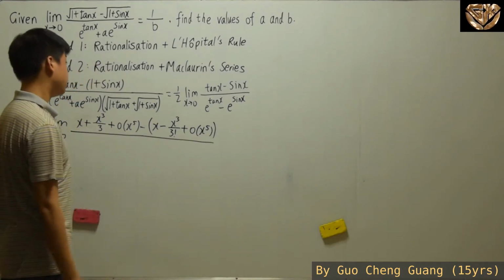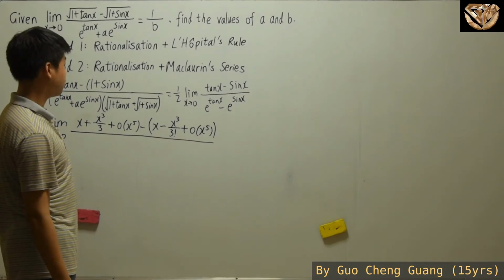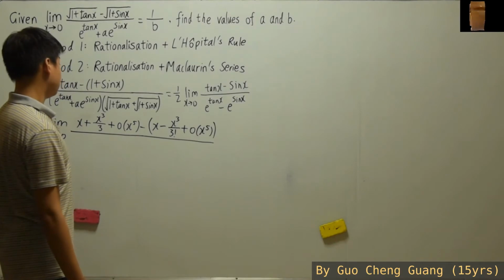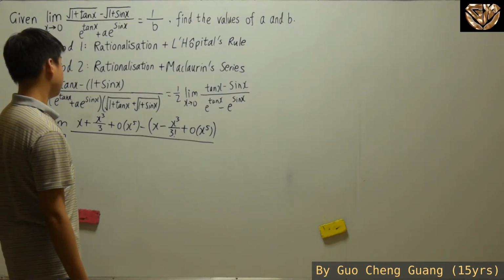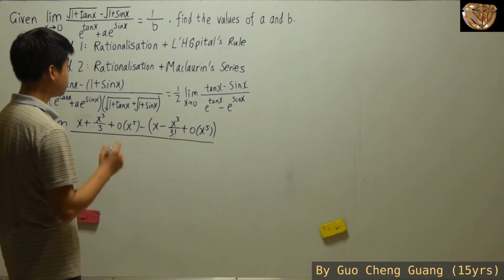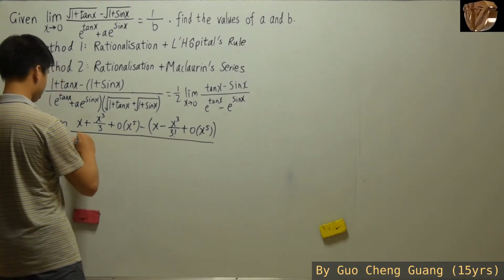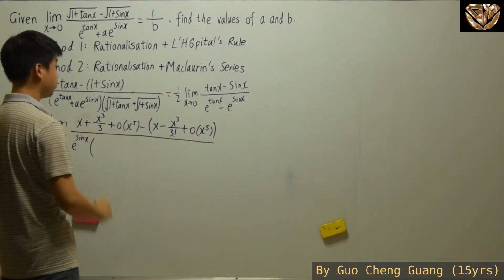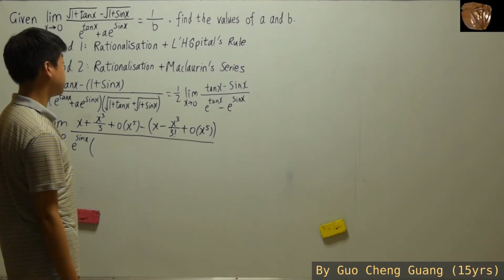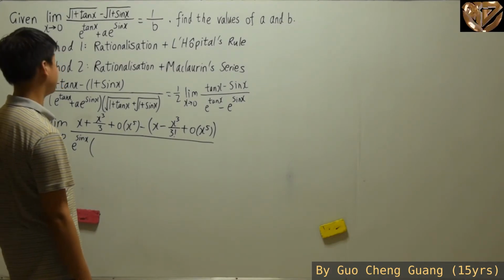In the denominator, what you're going to use is the Maclaurin series for e. What you can also do is bring out the e to the power of sine x first, and then you're going to have e to the power of tangent x minus sine x. Then you can use the Maclaurin series on e to the power of tangent x minus sine x.